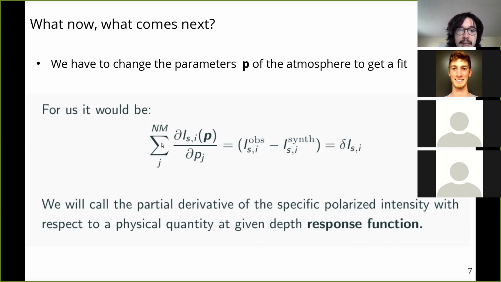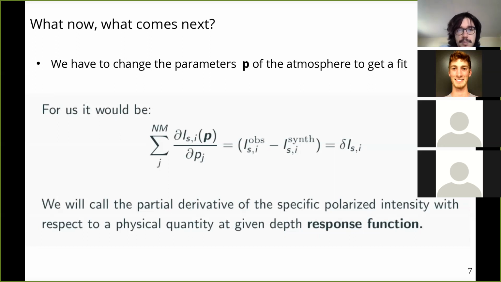I write the sum over all these of the partial derivative of the synthetic intensity, which I have explicitly stated depends on all the parameters, with respect to each individual parameter, times, and what is missing here is delta P j, some unknown modification that I need to determine from the difference between my observed and my synthetic intensity.